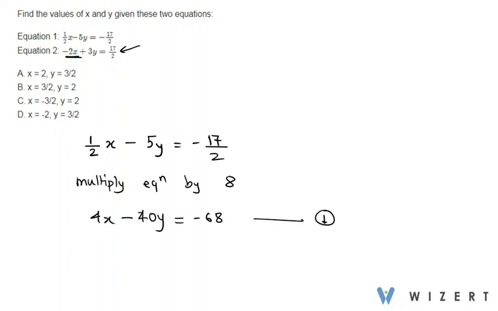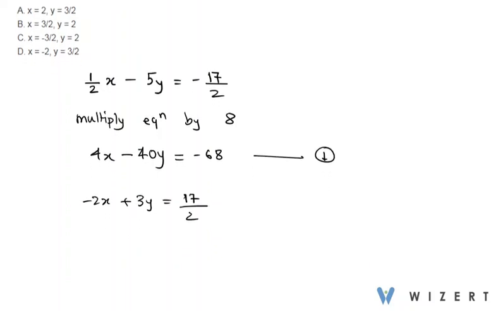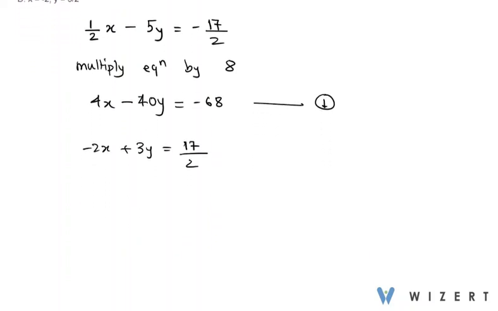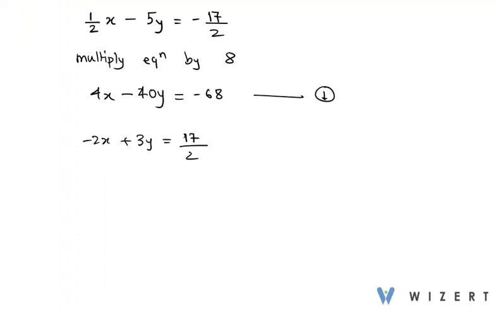Now what I will do, I'll multiply equation 2 by 2. Let's see. Minus 2x plus 3y equal to 17 by 2. This is my next equation. I'll multiply the equation by 2.